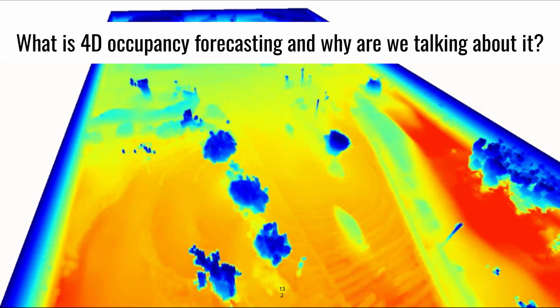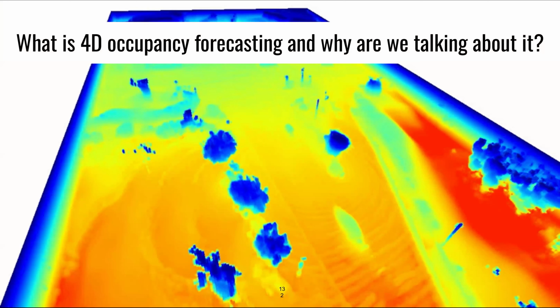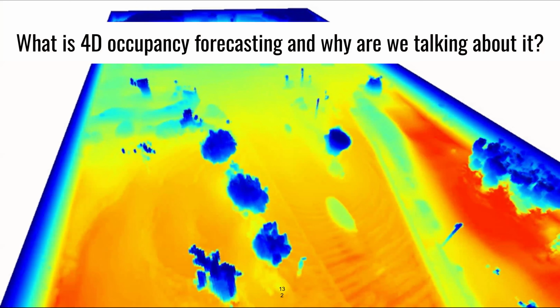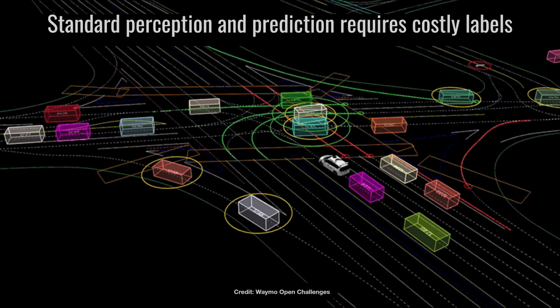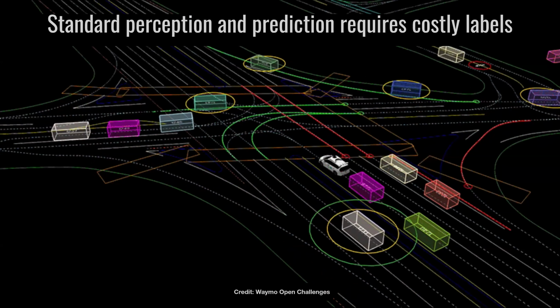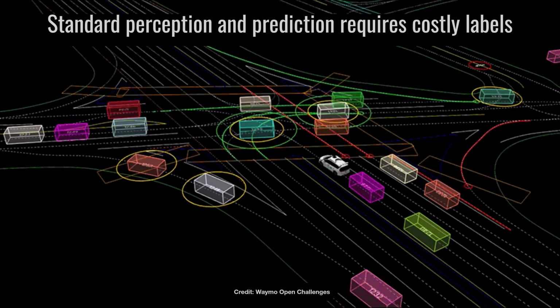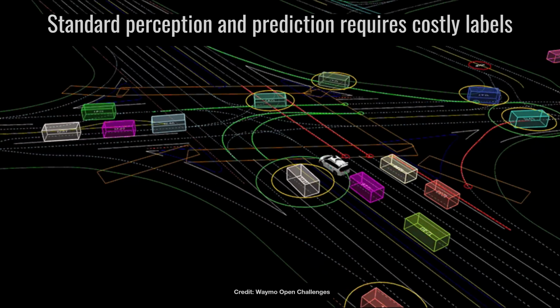Let me start by talking about the task of 4D occupancy forecasting and why it holds relevance in the autonomous navigation stack. So recall that for perception and prediction tasks that we talked about till now, lots of costly human annotation is needed in the form of object tracks, labels, and HD maps of cities.